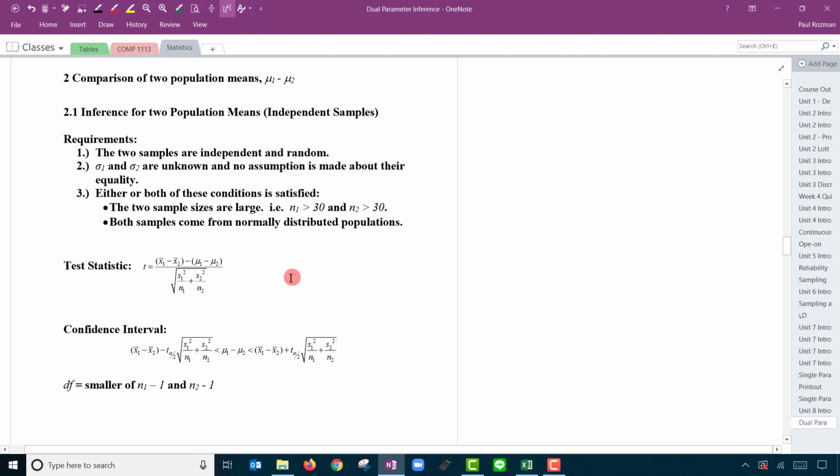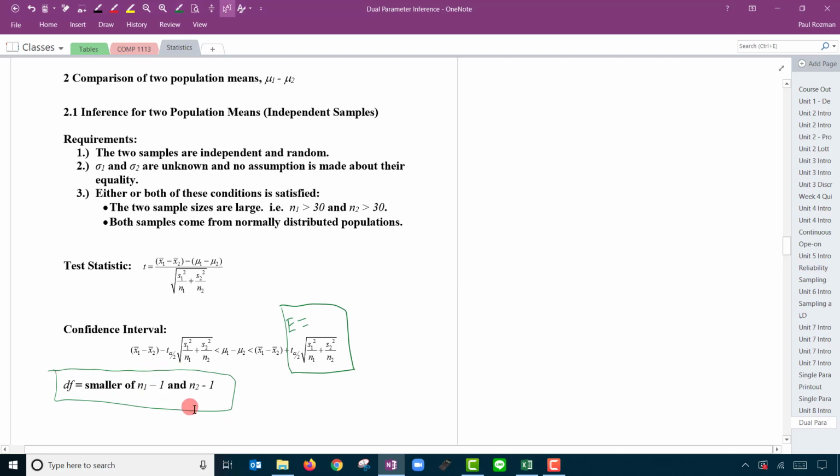But once we do that, we're on our way. We have a t-score for our test statistic, and we have our error formula for our confidence interval. The only other thing we need in order to do this test is to know the degrees of freedom.